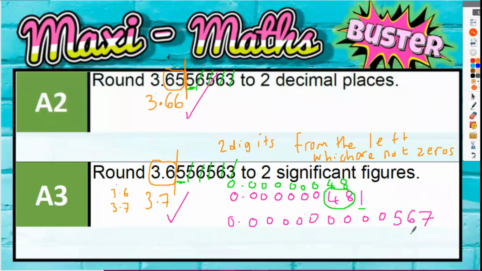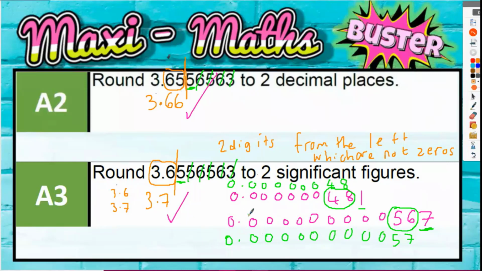The other one that's got even more zeros, if you go past all of the zeros, the first 2 significant figures is the 56, okay? And then that 7 is higher than 5, so it makes the 56 round up to 57. So that would become 57, but you can't just leave it as 57. You've got to have all your zeros in there as well.